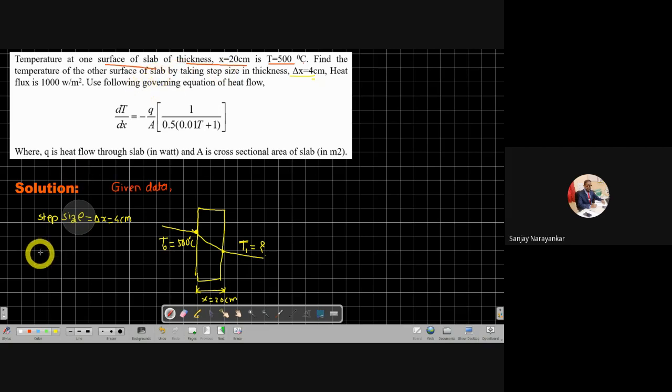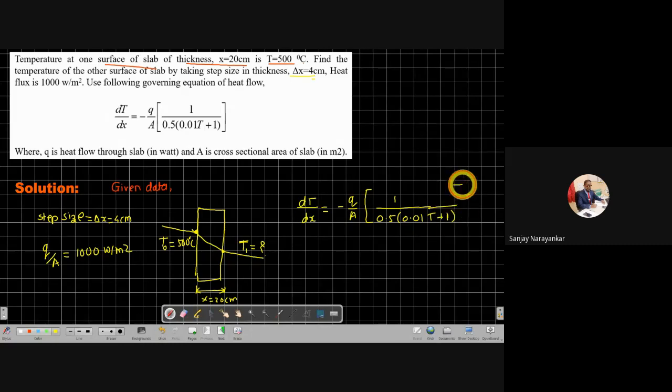Heat flux per unit area, that is Q by A, is given as 1000 watt per meter square. And the equation given in the problem statement is dT by dx is equal to minus Q by A times 1 upon 0.5 times (0.01 T plus 1).